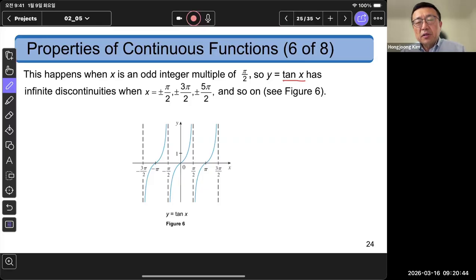If someone says the tangent function is continuous, then you are considering every point in the domain of the tangent function, and in that case pi half or 3 pi half are excluded. But if somebody says the tangent function is discontinuous, then they are talking about every real number. So depending on the context, you can talk about the discontinuity or continuity of the tangent function.